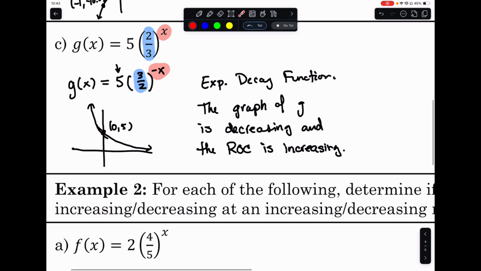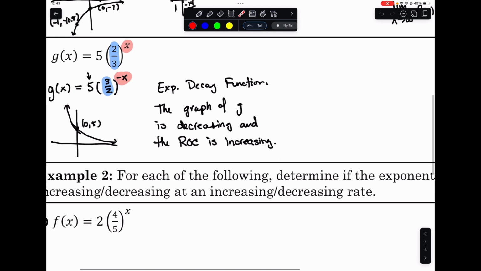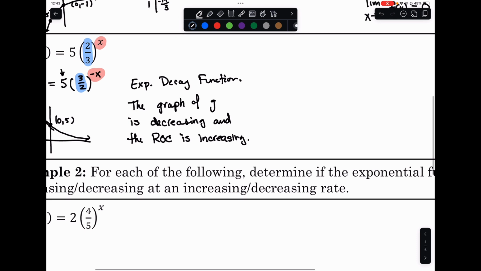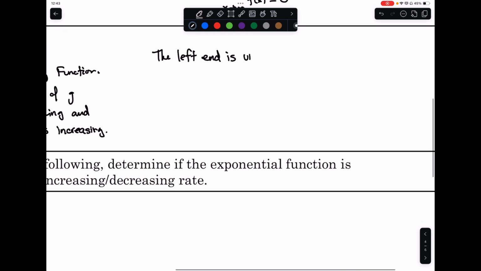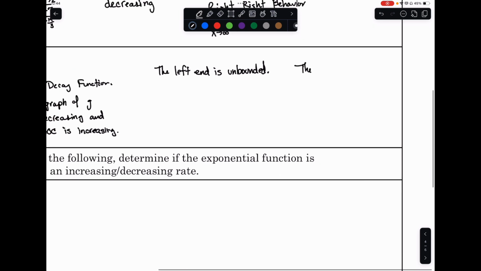Now, what about the end behaviors? Well, our end behavior, again, since this is an exponential decay, the left end is unbounded. And the right end is bounded.